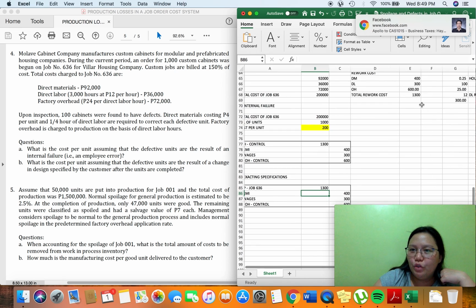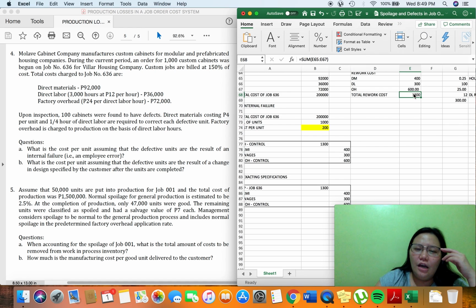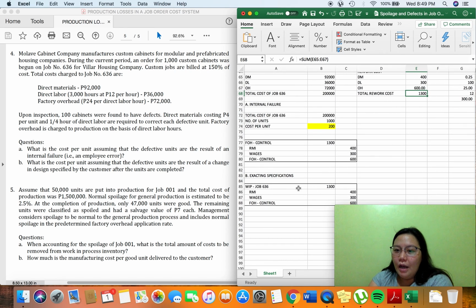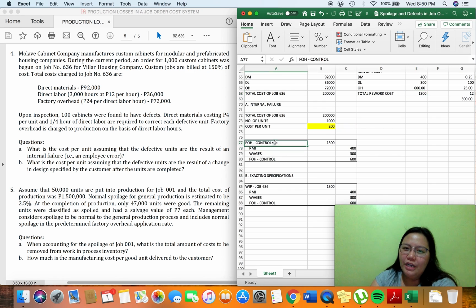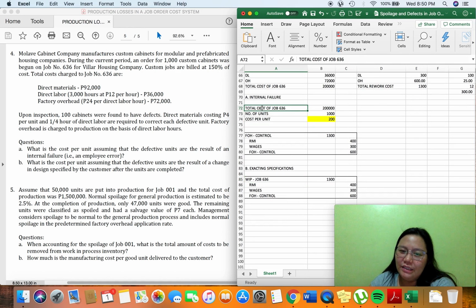The computation of the total rework cost will not change kasi wala naman ding binago dun sa given information about the rework. So, the only thing that changed is the account, di ba? Wherein we charge the rework cost. Earlier, we charged it to the factory overhead control account, and now we charged it to the work in process job 636. Okay?